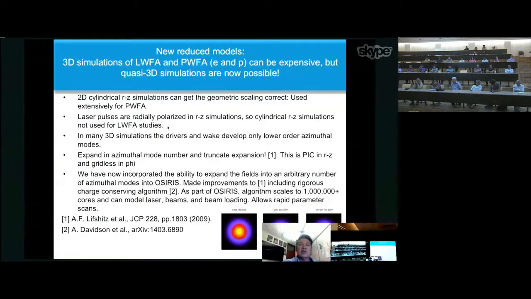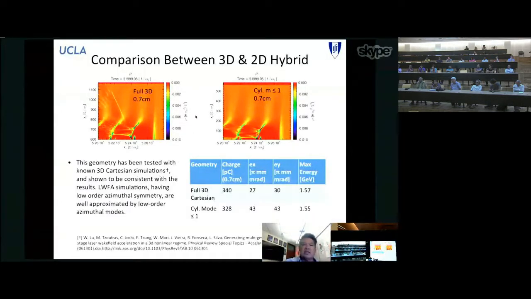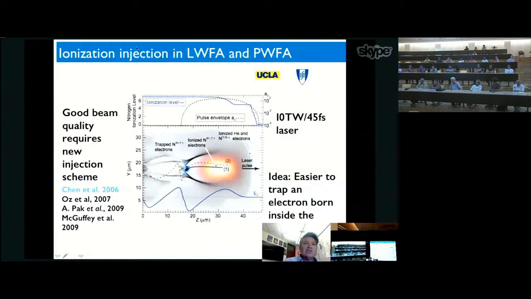And there are a lot of problems where you can do large parameter scans for this, and we have implemented this, and it is part of OSIRIS. And we benchmarked it, and the agreement is very, very good. So a message here is that code development continues, new ideas come about, and we continue to implement and improve them into OSIRIS.